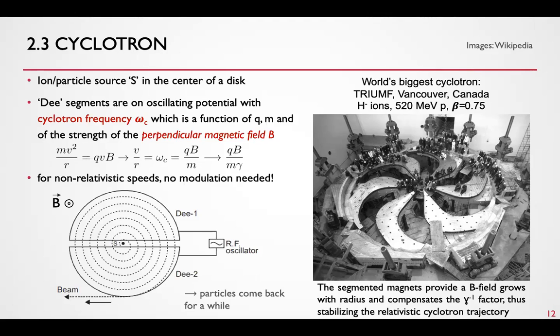So we've now discussed the betatron and the cyclotron, both of which are ingenious ideas that exploit basic physics concepts, special relativity, and so on, and reflect the limitations of the time.